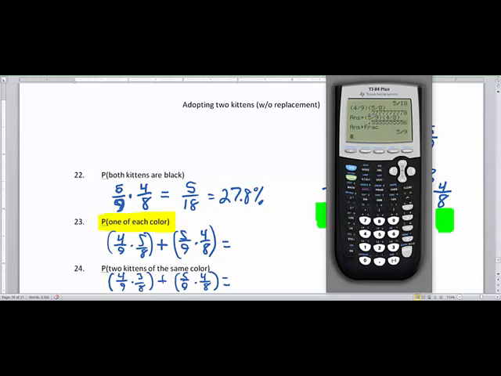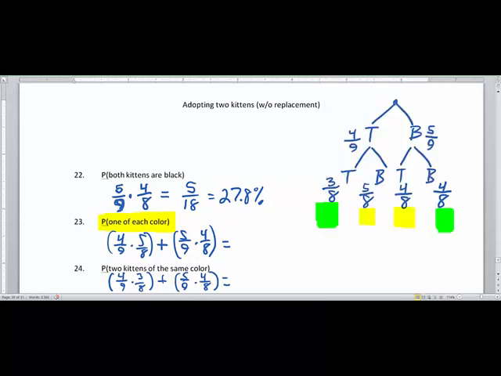So that's 4/9 times 5/8 plus 5/9 times 4/8 to give me this answer, and let's write that down. Okay, so we now have an answer of 5/9, which is 0.55555 repeating, so 55.6%. Two kittens of the same color.